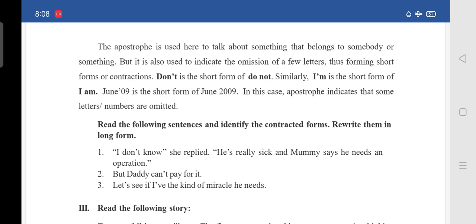So to form short forms or contractions, this apostrophe is used.